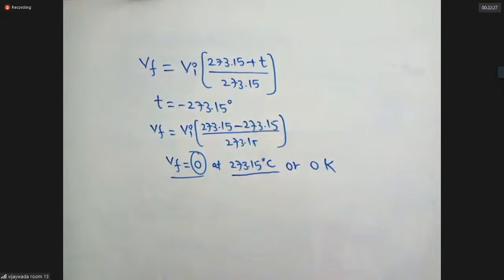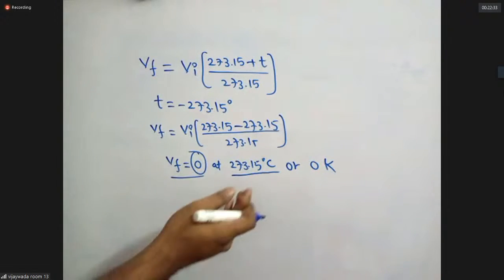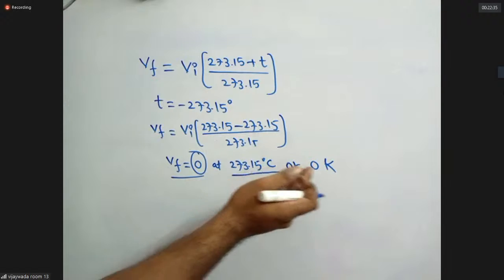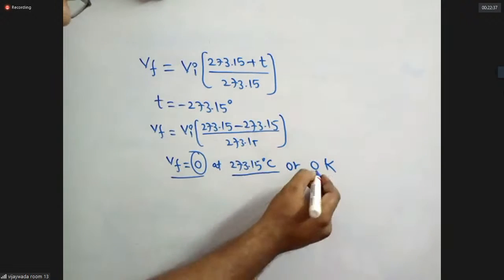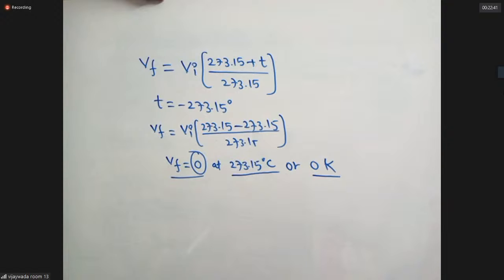Am I correct? Because the Kelvin scale is 273.15 plus T. If you add this to Celsius, then you will get 0 Kelvin. One important conclusion, at 0 Kelvin, any kind of substance should not be in gaseous form.